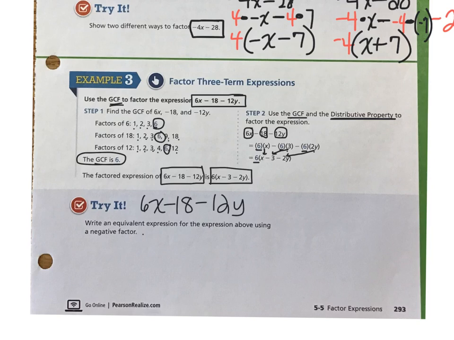Okay, so let's write it as 6x plus negative 18 plus negative 12y. Now when we factor out that negative 6, you'll notice how that affects the answers.